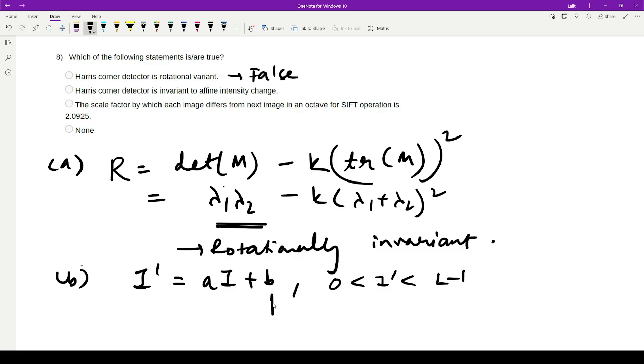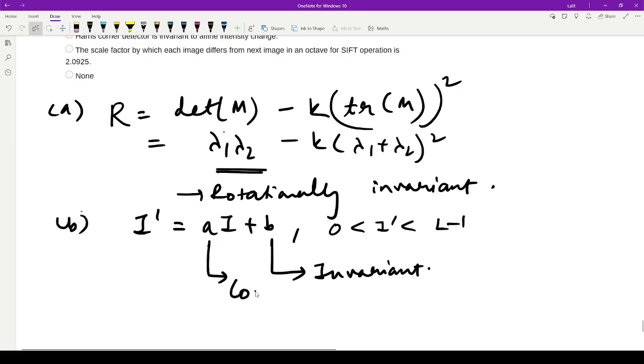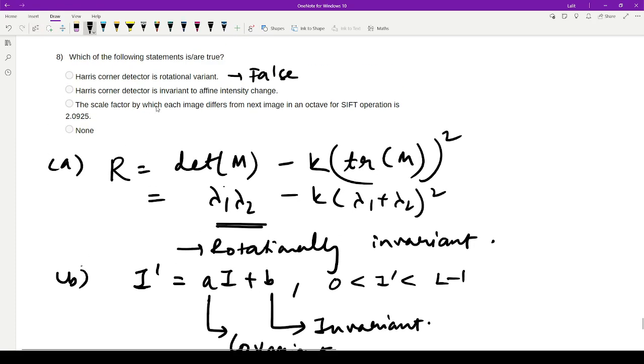So this part is invariant, and the scaling part is covariant. Ultimately, it is not invariant to affine transform. So it is false.